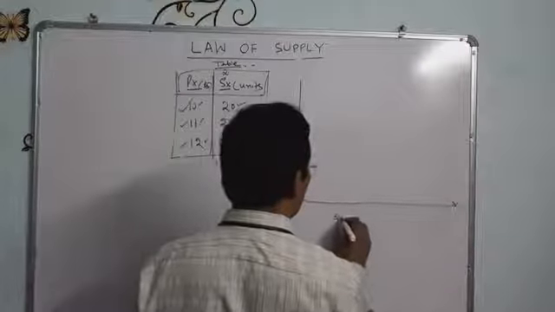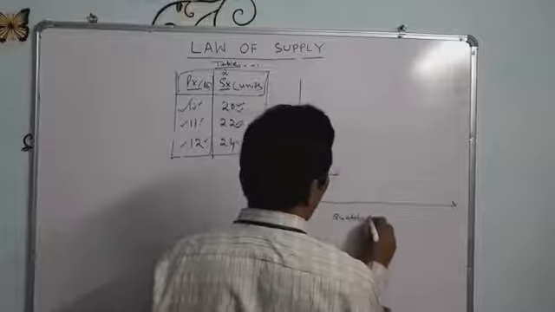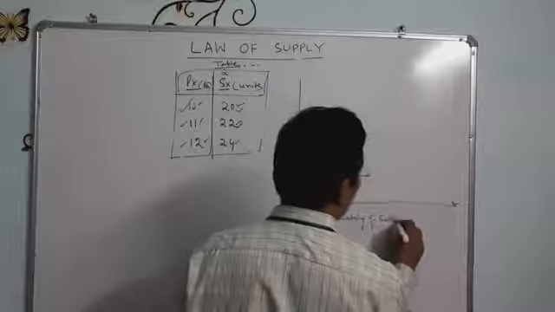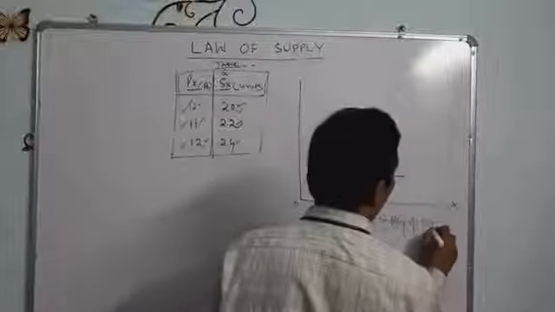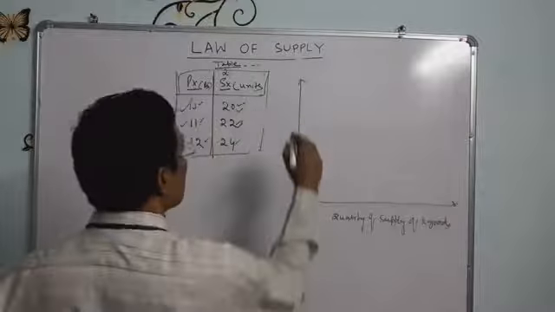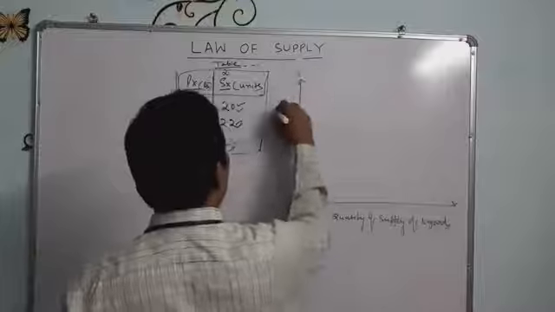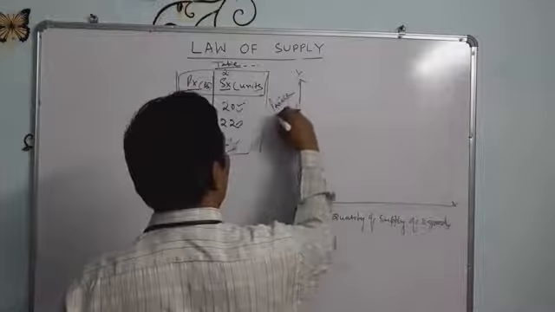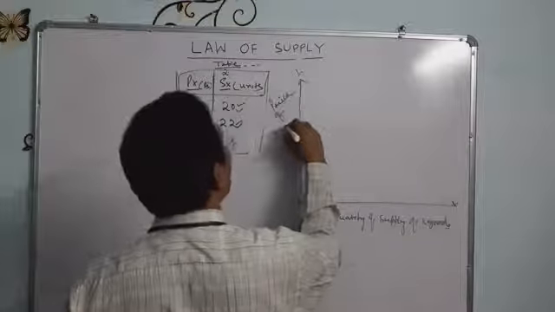The X-axis is the quantity of supply of X goods, and the Y-axis is the price of X goods.